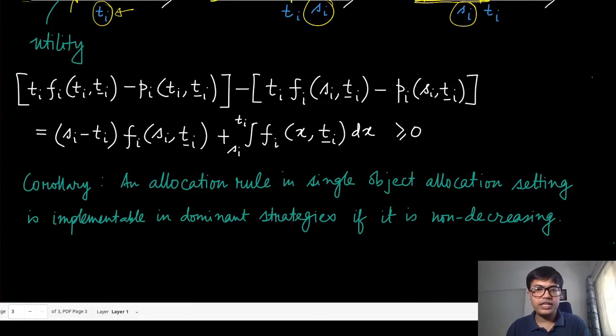So one corollary that we can make is that an allocation rule in single object allocation setting is implementable in dominant strategies if it is non-decreasing. So we already know what kind of payment formula we have. All that we need is to ensure that the allocation rule is monotone, and that's it. So with that, we can ensure that that allocation rule is dominant strategy implementable.